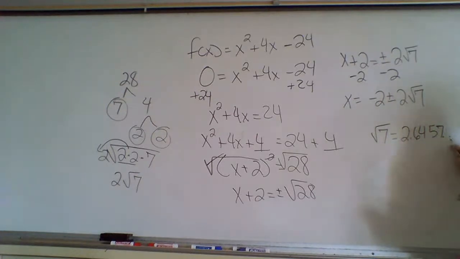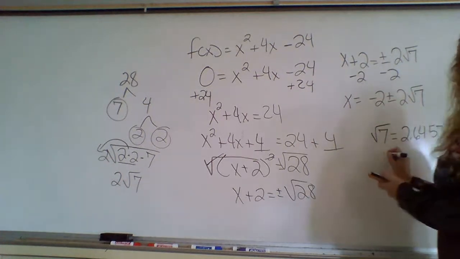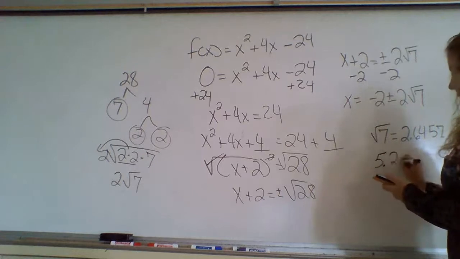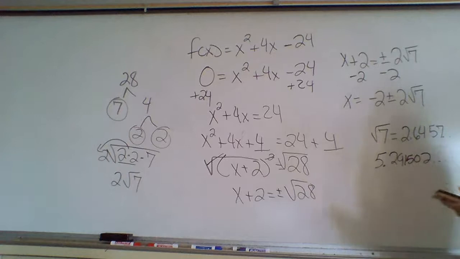It's a decimal that goes on forever and never repeats. So this is irrational. Even if you multiply this by 2, because this is technically multiplied by 2, then you still get 5.29150, etc. Okay, so it goes on forever.